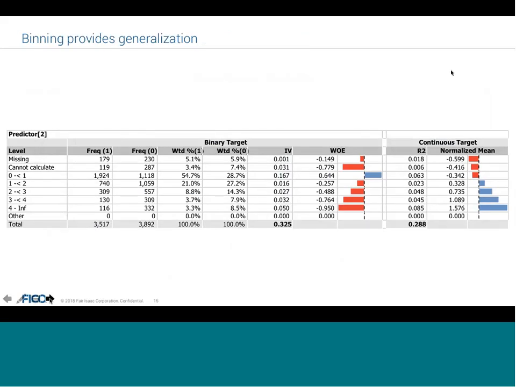If we opt for the binning approach, what it provides us is generalization in two ways. We can apply bins to either continuous or discrete alpha predictors. What in effect we're doing to the continuous predictors by binning them is turning them into a discretized version of themselves.